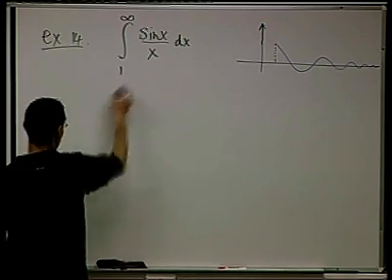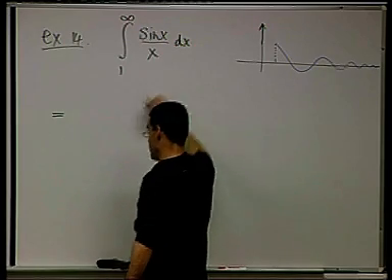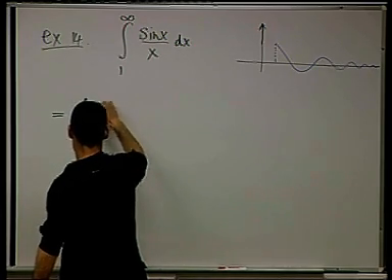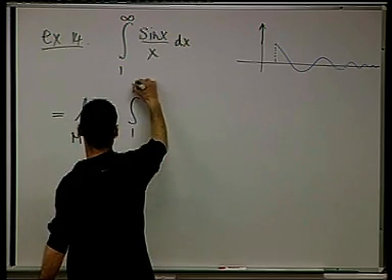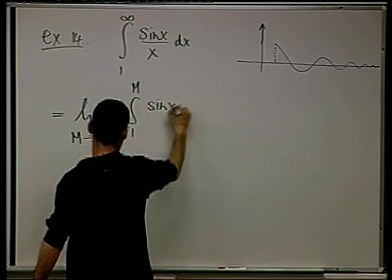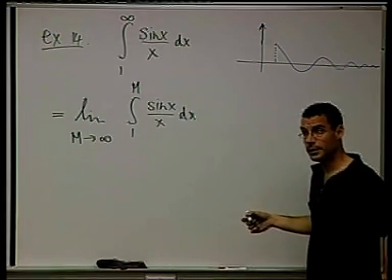So I want to calculate this, or almost. This is the limit as m goes to infinity of the integral from 1 to m of sine x over x dx. This is the definition, remember?